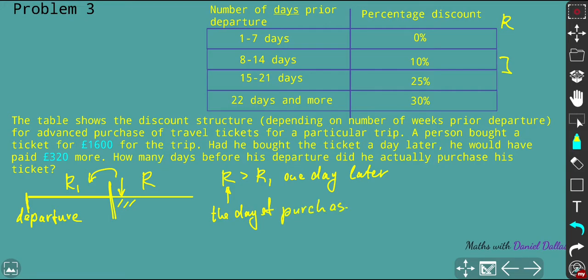All right, so for simplicity, instead of P0, I put initial price without discount, so initial price with no discount, and so we're looking for the following.